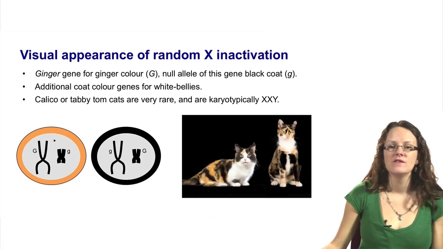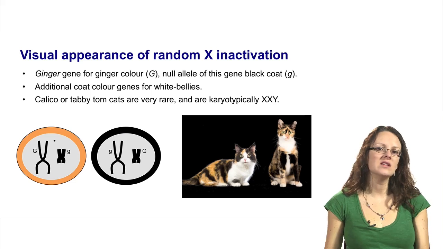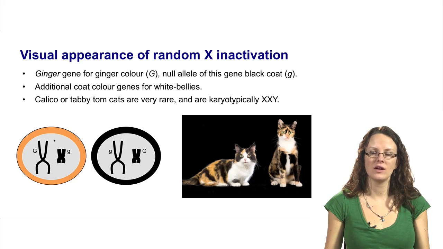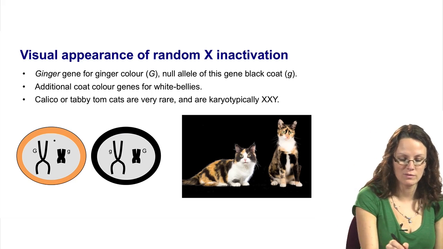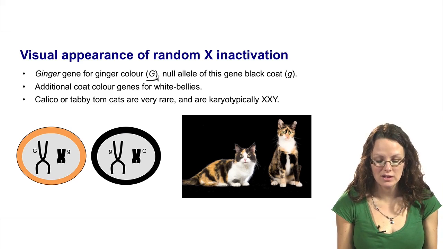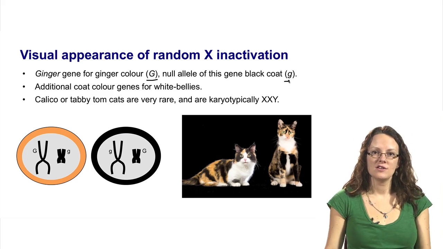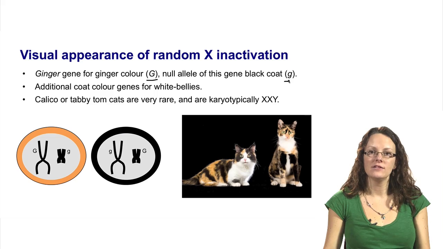So this is really about the visual appearance of random X inactivation. If you consider that there are 2 alleles of the ginger gene, you have the ginger gene itself, which is here given as a big G, and then you have the black version of this. It's a null allele, and it would be little g. Normally, ginger would be dominant over the black allele, and therefore the cat would end up being ginger.